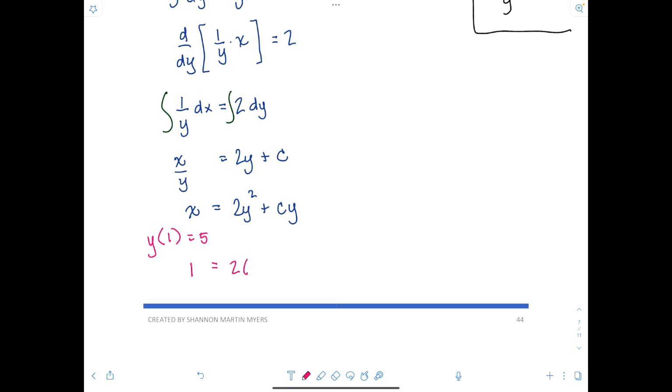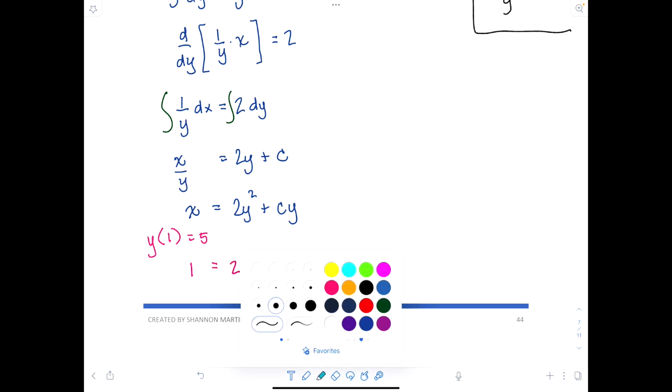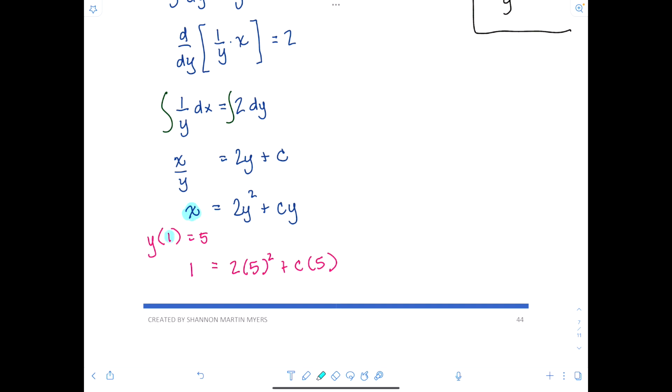That's the kind of tricky part here. And then we'll have 1 is equal to 50 plus 5 times c. So negative 49 fifths equals c.